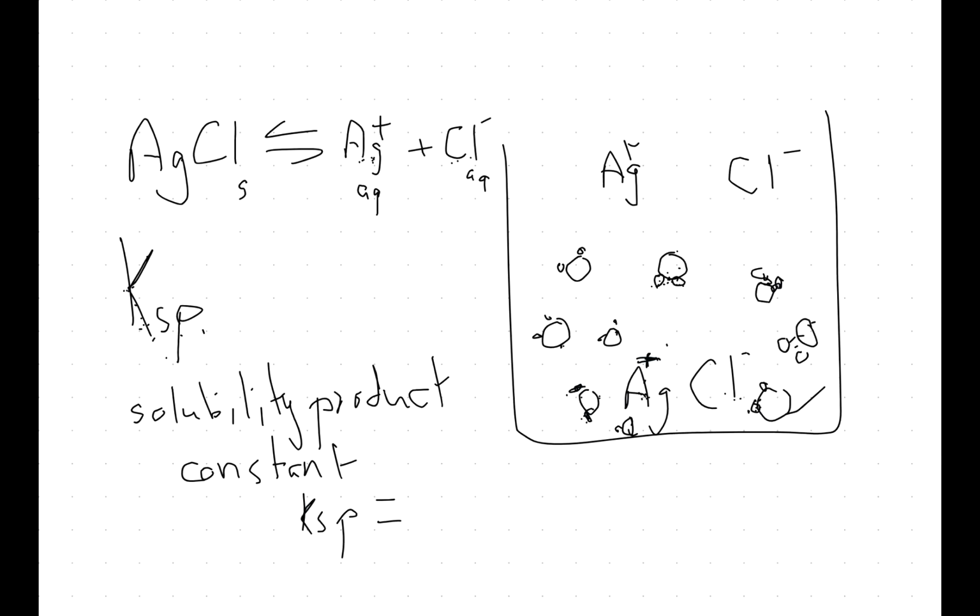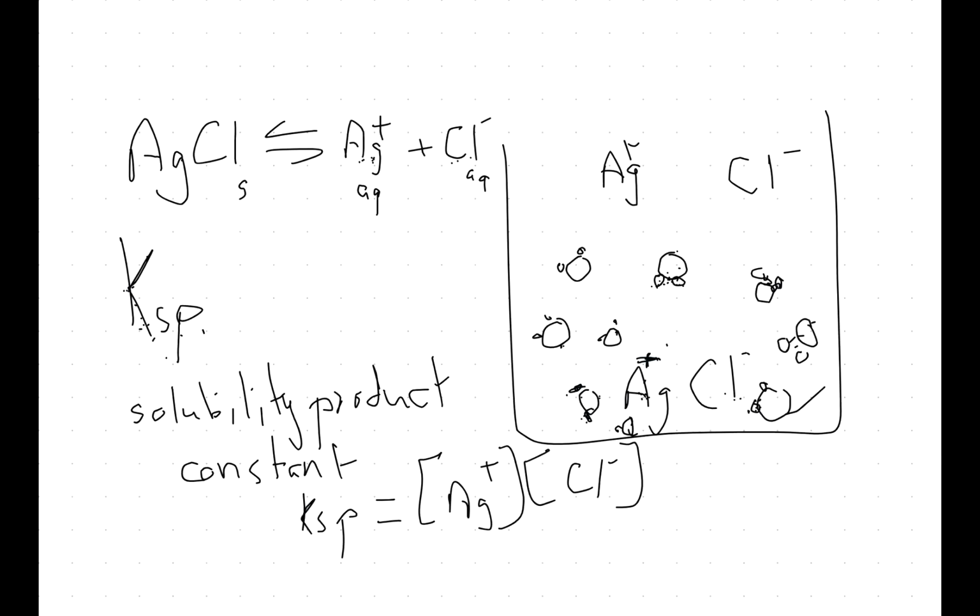Miss, would it be silver plus and then chloride minus in brackets? Okay. Up or down? The product, we always write it up. And what else? Is that only? Yeah, that's correct, Safa.